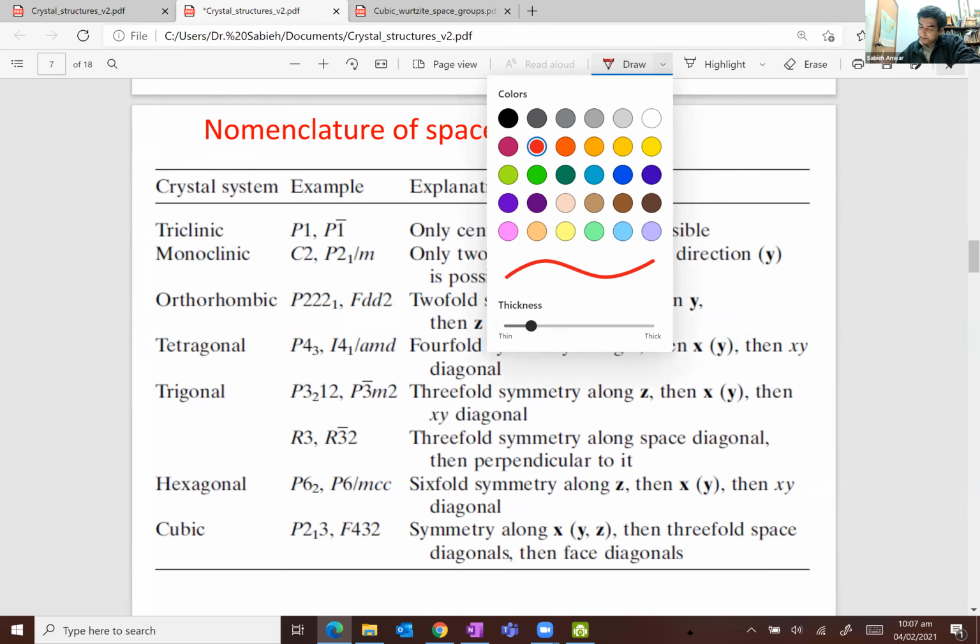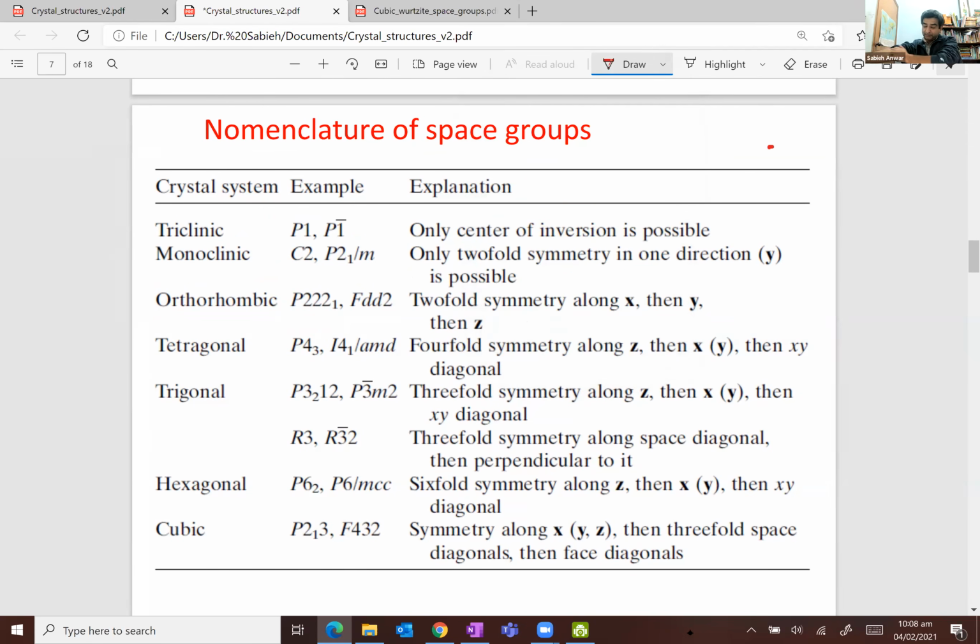By the way, if you look at the nomenclature of space groups, the triclinic crystal system has two space groups only, P1 and P1 bar. Monoclinic has more space groups to it.